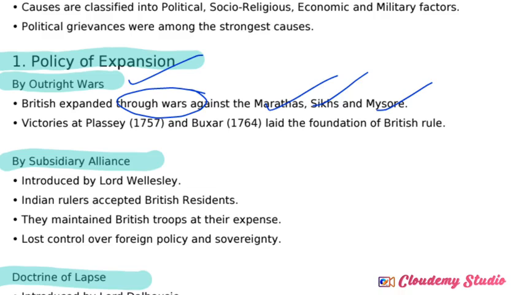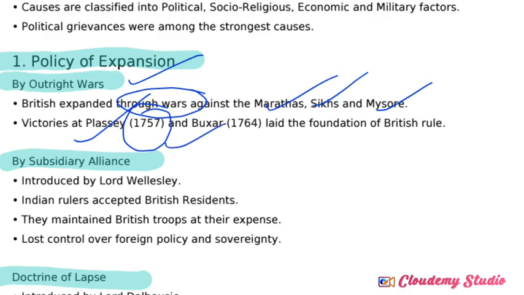By capturing those Indian territories, the British administration expanded greatly. These victories represent the expansion policy of the Britishers. One of the most important incidents was the Battle of Plassey, in 1757, a year that is very important for your board exam.